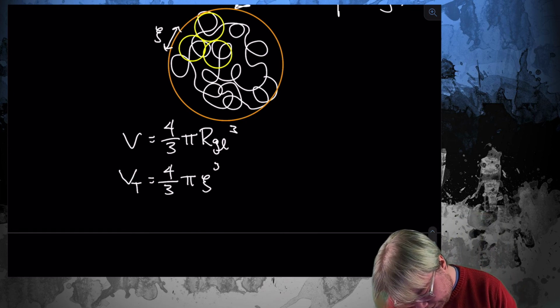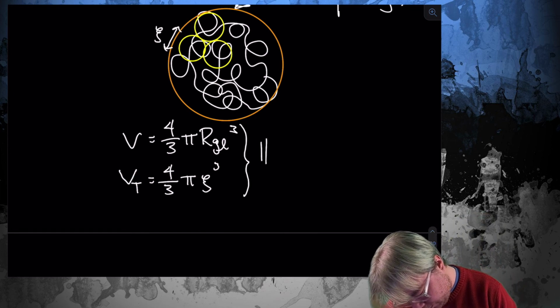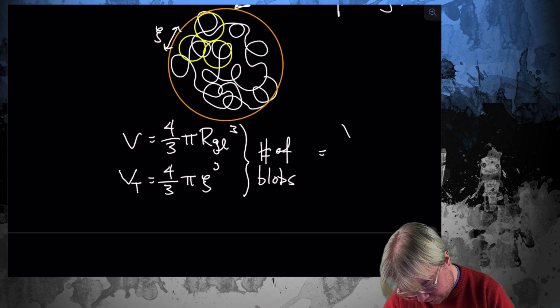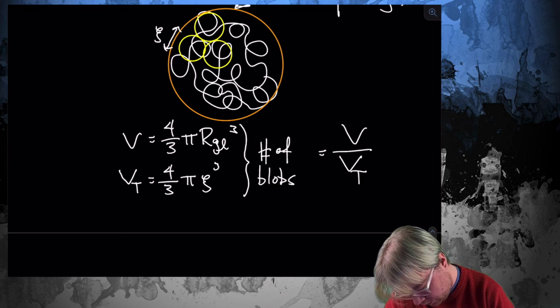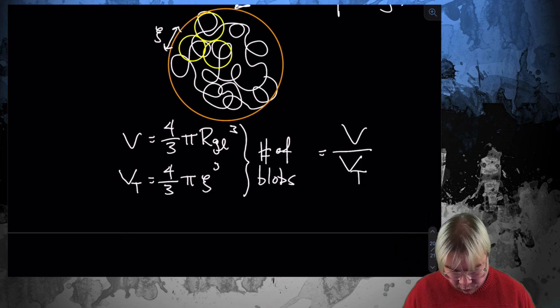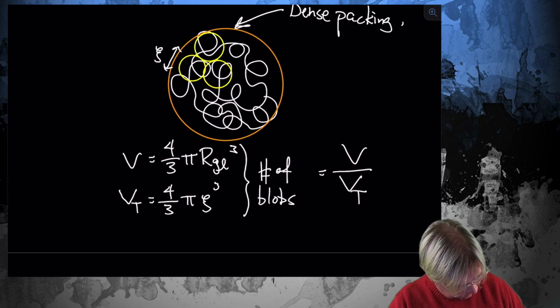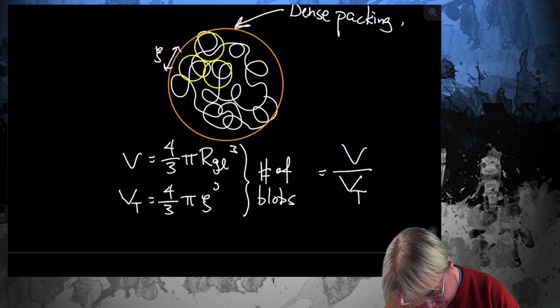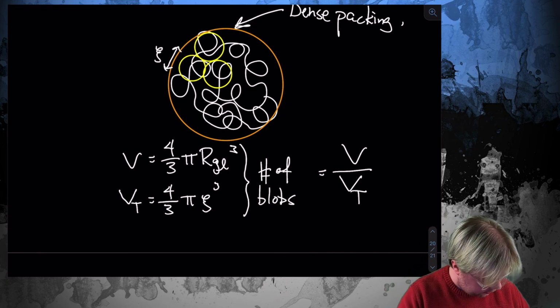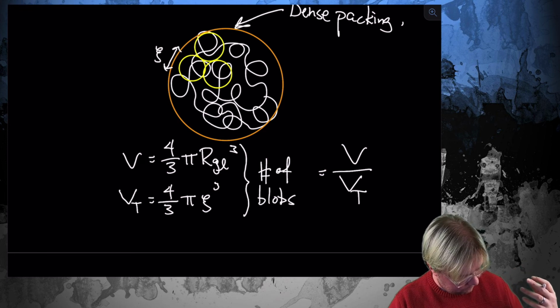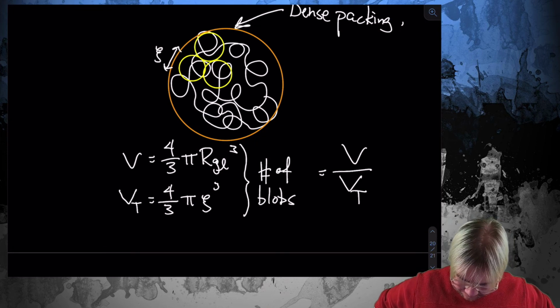So clearly this means that the number of blobs that you have is going to be the total volume divided by the volume of a globule. And so if you do this, if you assume that also, well, you don't have to assume anything, but you know that there's going to be, what am I trying to say here?